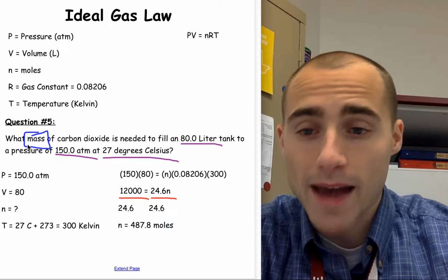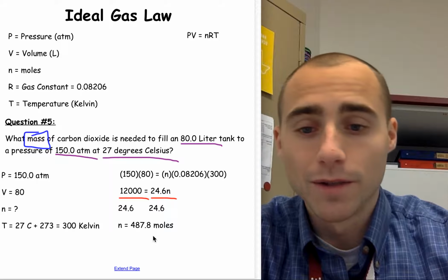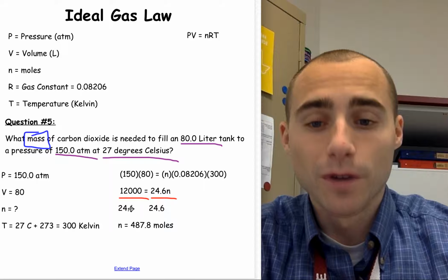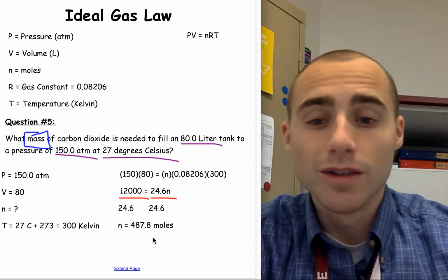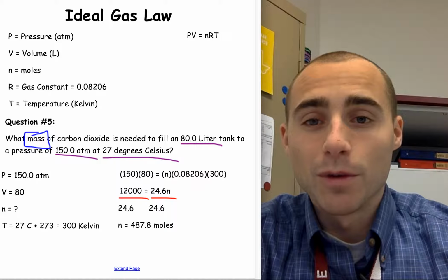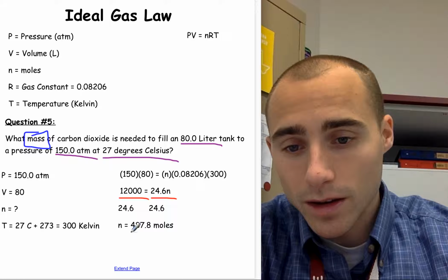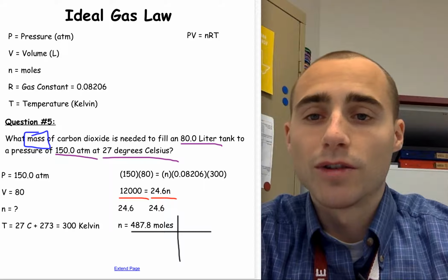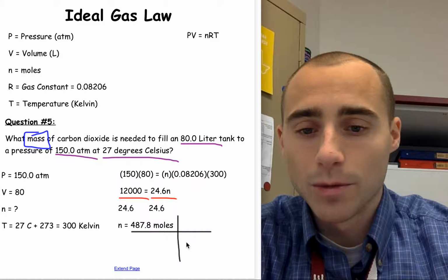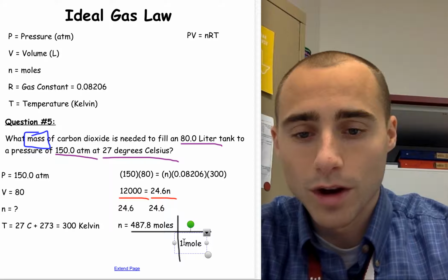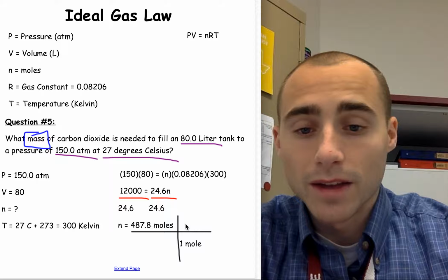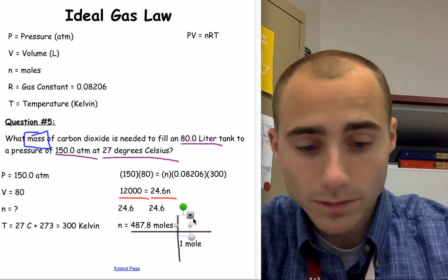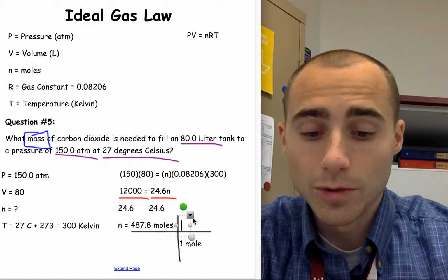It says what mass of carbon dioxide is needed to fill, which means we have to convert moles into grams. If you remember how to do that, that's where you set up your little dimensional analysis fence just like that, and we would put 1 mole of carbon dioxide on bottom, and that is equal to, if you remember, 16 times 2 plus 12.